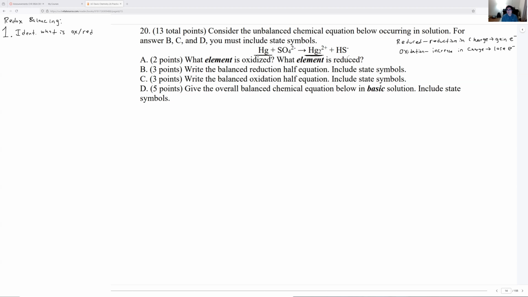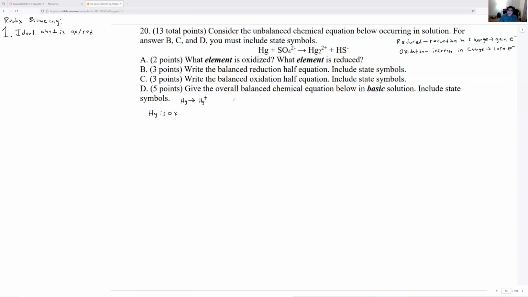So it's a plus two overall, and there's two, you divide it by two, it's a plus one. So Hg goes into Hg plus, which means that Hg is oxidized. It goes up in charge. I'm not going to write the whole word. Hg is oxidized.